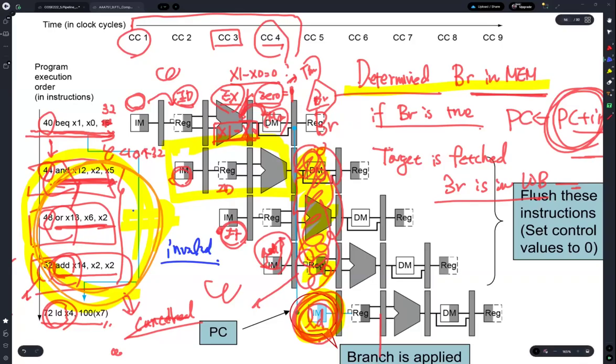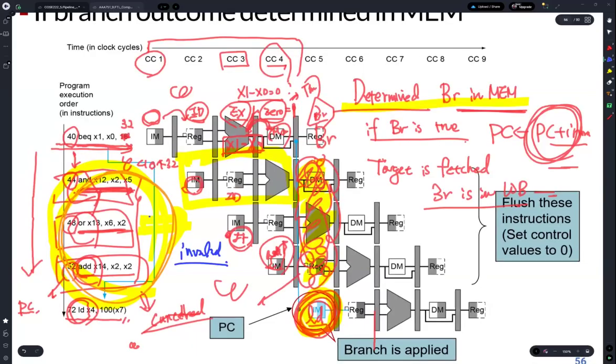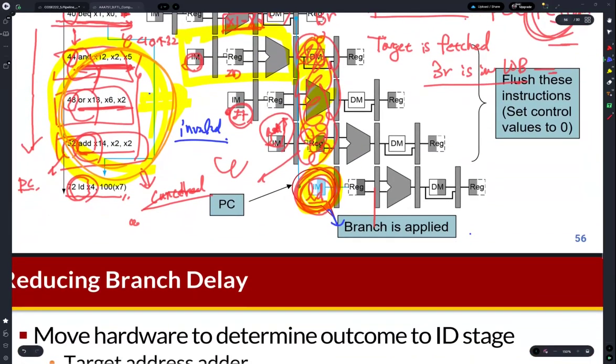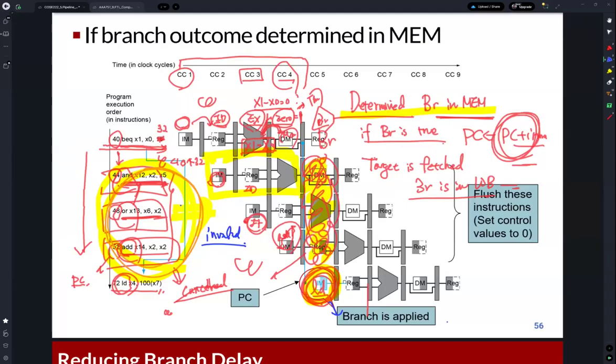That's why three cycles are wasted, right? The branch is applied when the branch instruction is in the write back stage, and the problem is that if the branch is taken, this pipeline processor wastes three cycles.